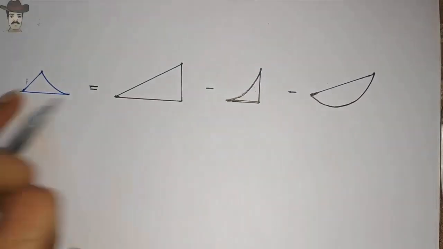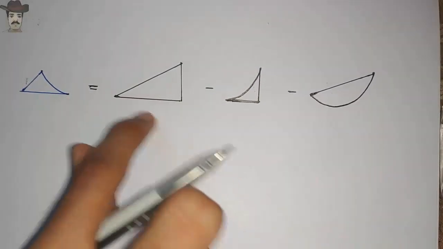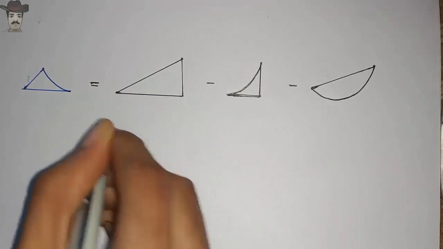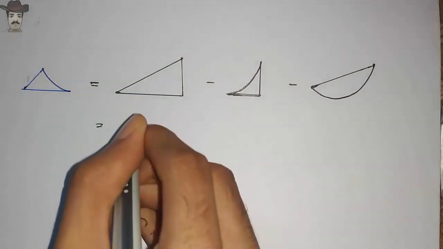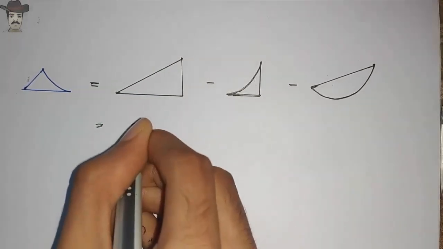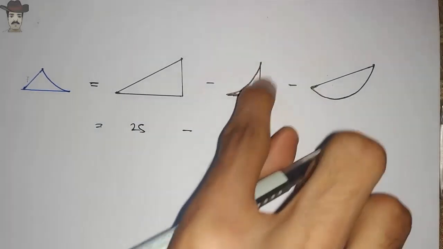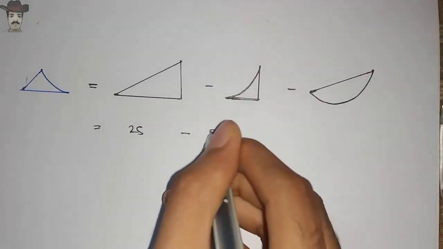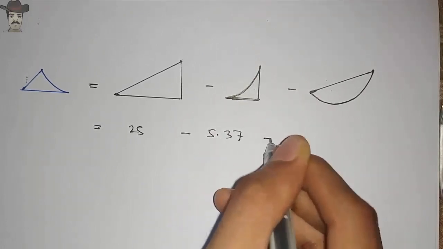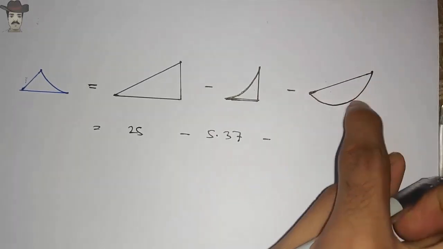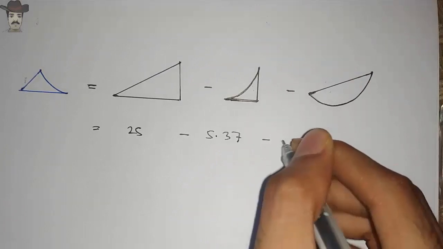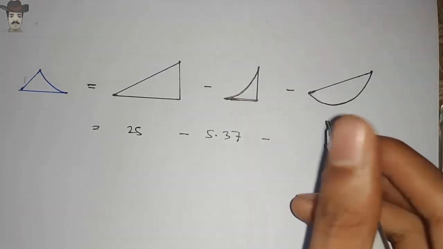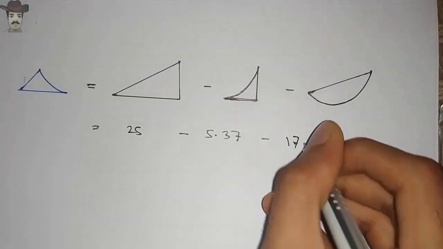To find this area, first we derived the area of this triangle, which was 25. From that we have to subtract this region, which was 5.37. And from that, finally we have to subtract this region, whose area we calculated to be 17.68.